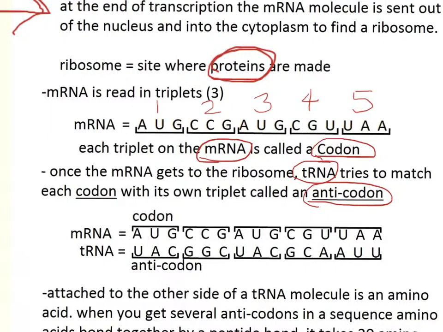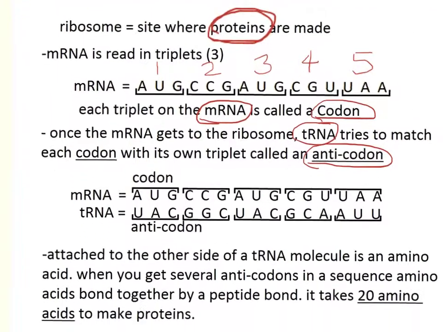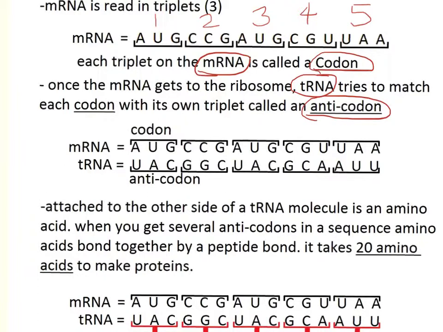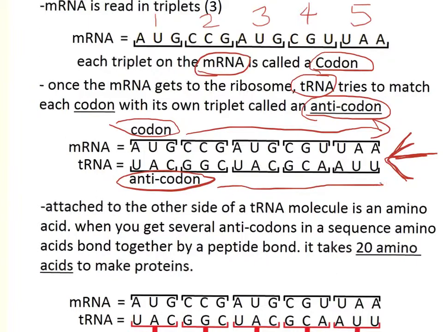And so what you should have next in your notes is this picture right here. The mRNA sequence is the same as above. We're going to just stay consistent in that aspect. So the codons are this row up here, making this row at the bottom the anticodon.